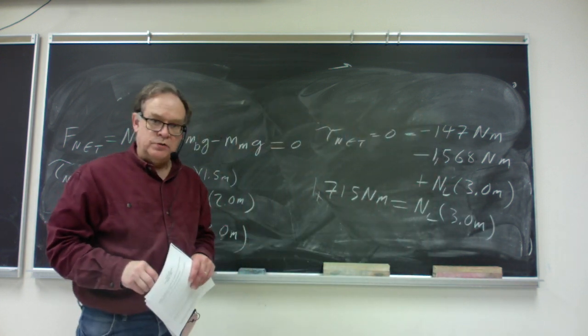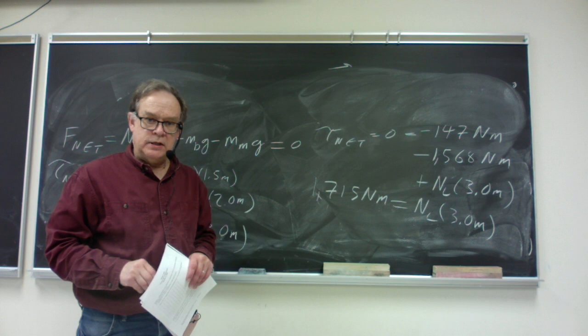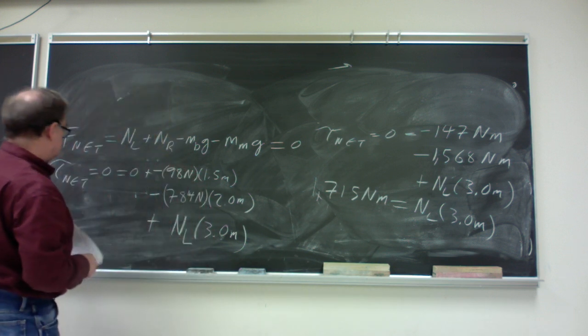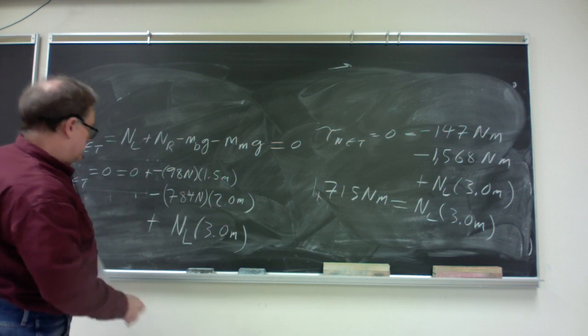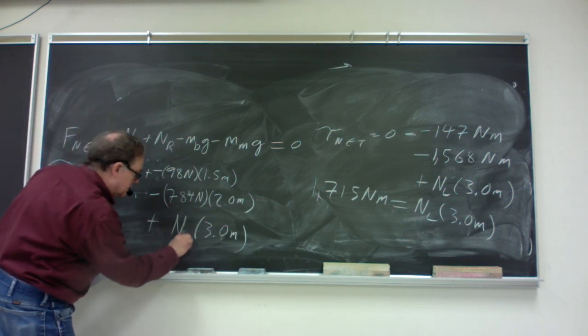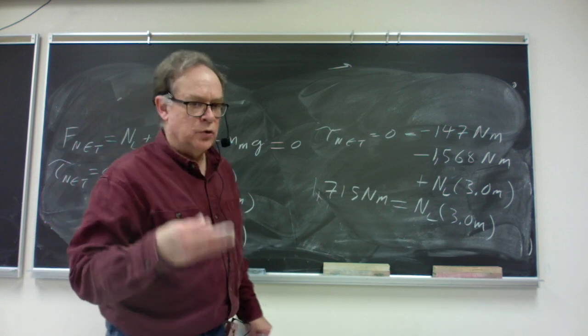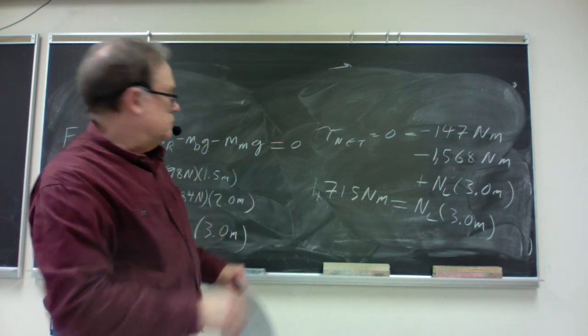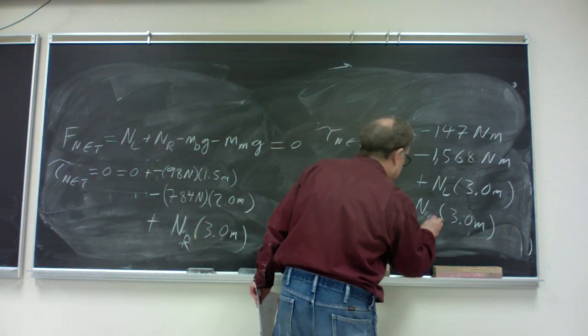And then when you divide both sides of that equation by 3 meters to get the strength. Oh, sorry, that's the normal force on the right. The normal force on the left had a torque of 0. So let's fix that. Right.